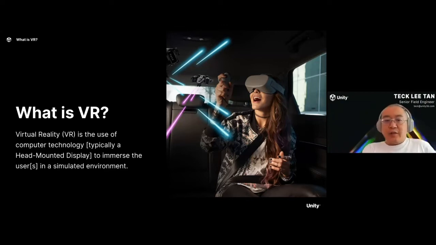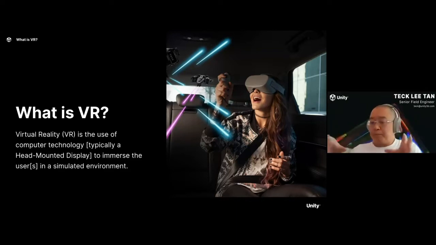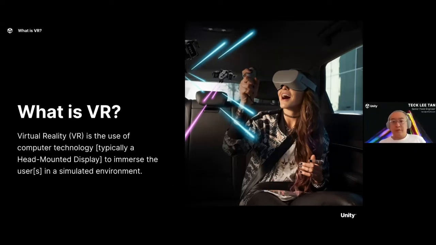Now, this is starting to get a bit blurry as far as the definition is concerned. Traditionally, we think of VR as something where you put on a headset, you block yourself out from the outside world, you see nothing of it, you see a fully virtual environment, whether that's stylized or photorealistic, and you're fully immersed. You just see that.